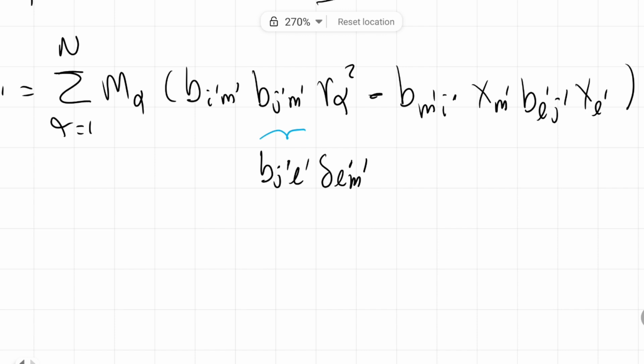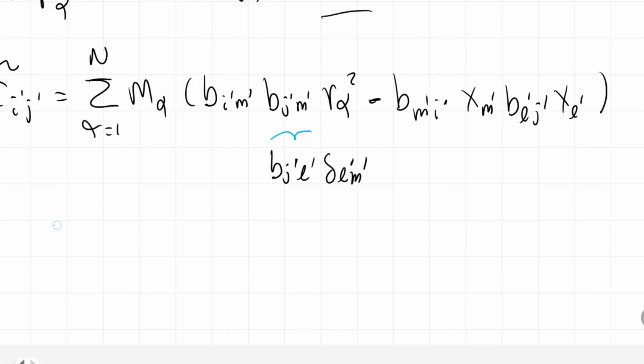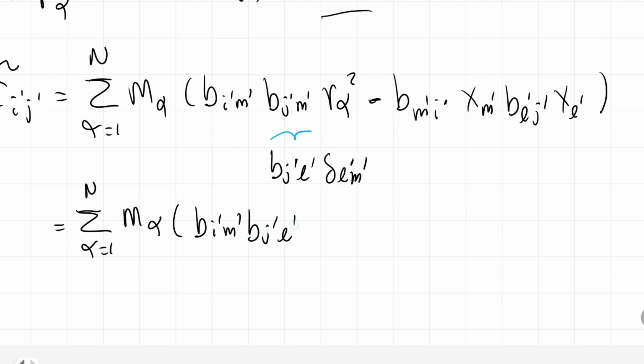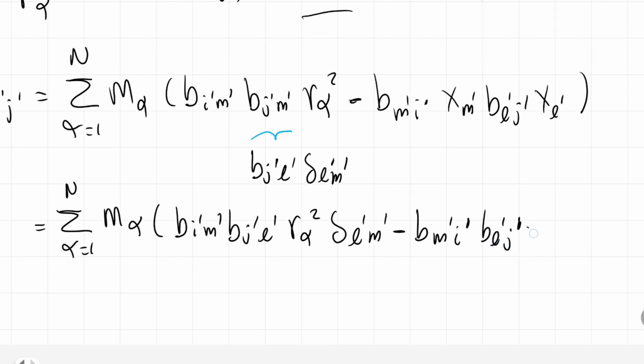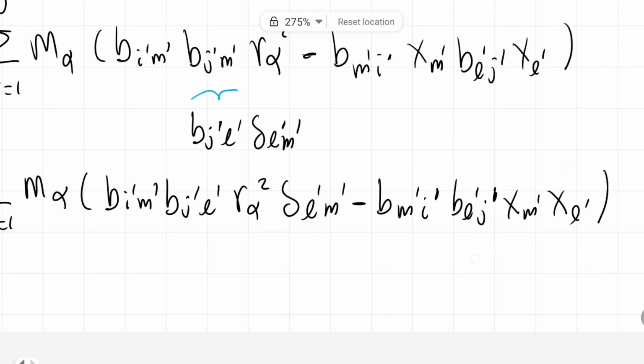So we can substitute this to get that this is equal to the sum from alpha equals 1 up to n of the mass alpha, b i prime m prime, b j prime l prime, r alpha squared, Kronecker delta l prime m prime, minus b m prime i prime, b l prime j prime, x m prime x l prime, like this.